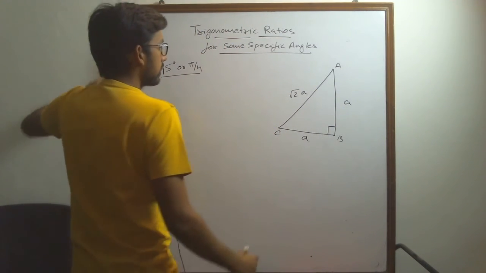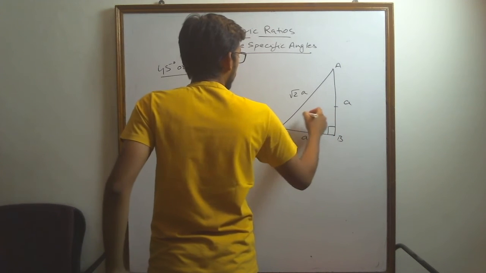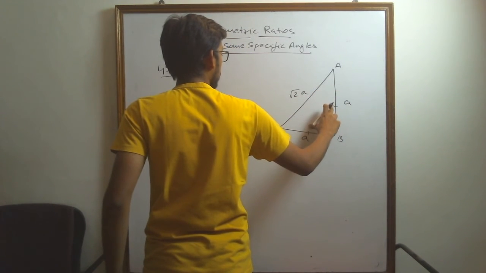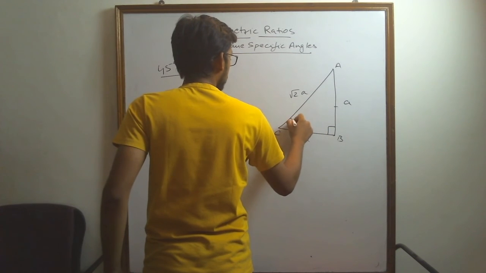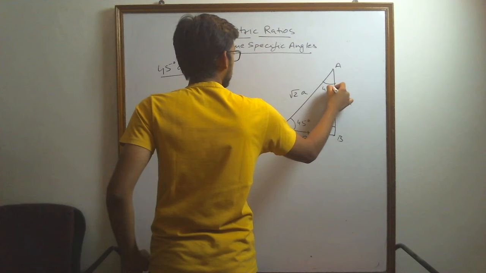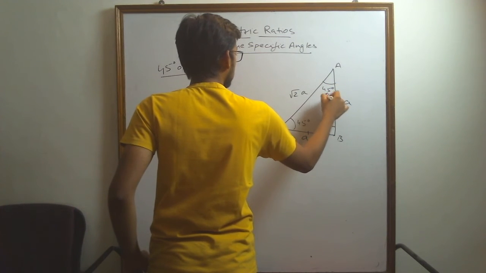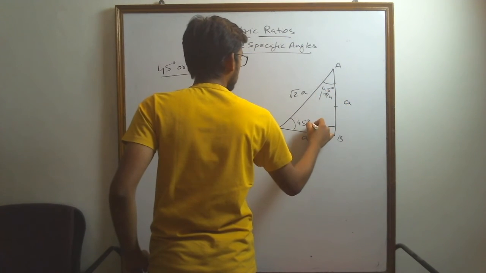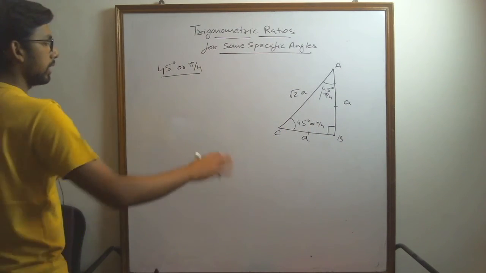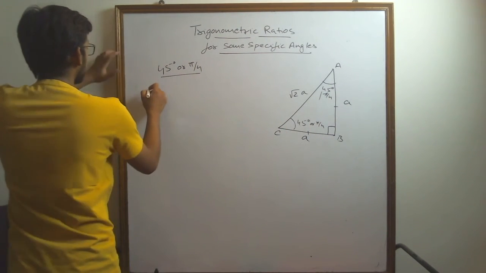Since it is isosceles, angles opposite to equal sides will be equal. So this angle will also be 45 degree, or pi by 4. Alright, so now we can use either of them and write the trigonometric ratios.